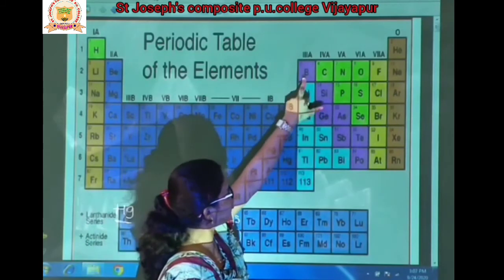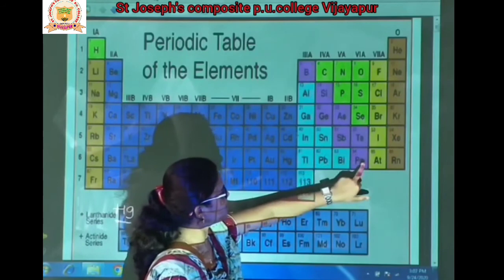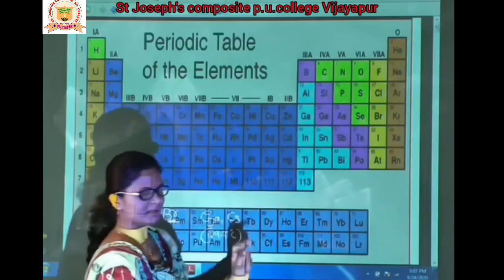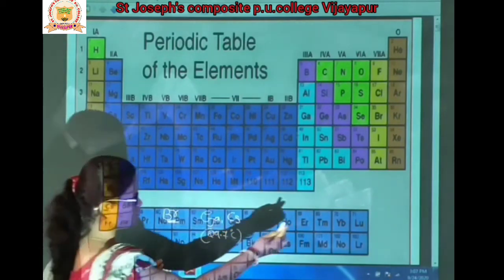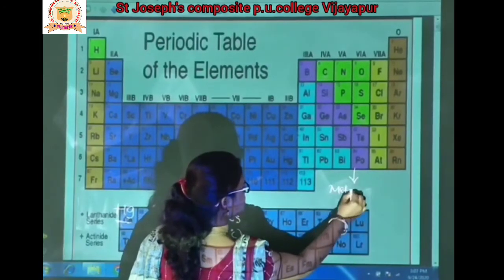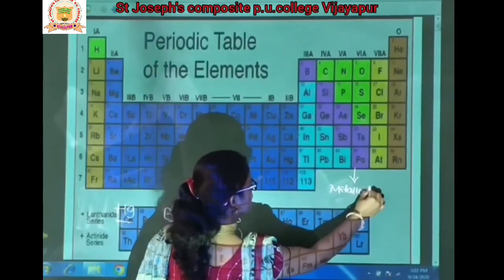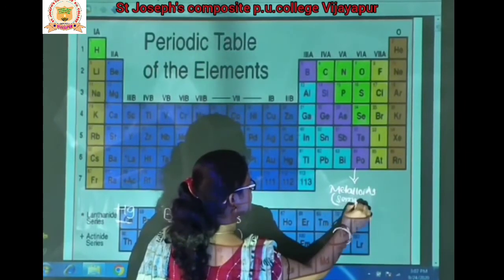Once again, boron, silicon, gallium, arsenic, antimony, tellurium, polonium. These are metalloids or semi-metals. They show the properties of both metals and non-metals. We call them metalloids, also called semi-metals.